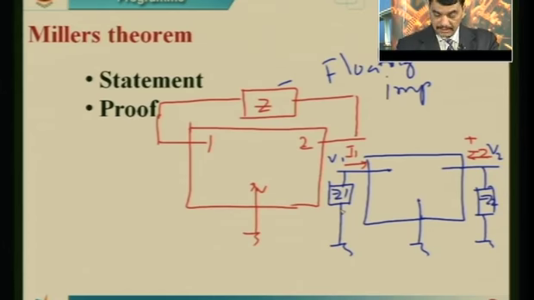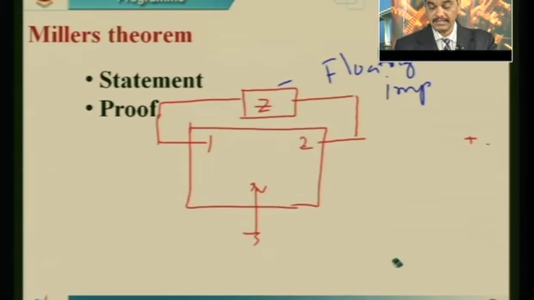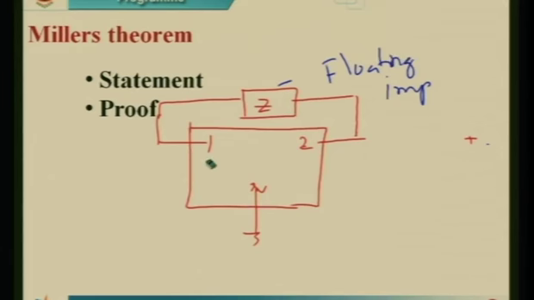From this circuit, we need to find the voltages at nodes V1 and V2. The voltage at this node is V1, the voltage at the other node is V2, and the potential at the ground node is 0.